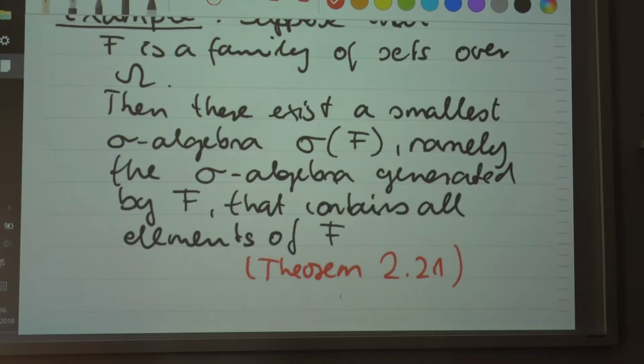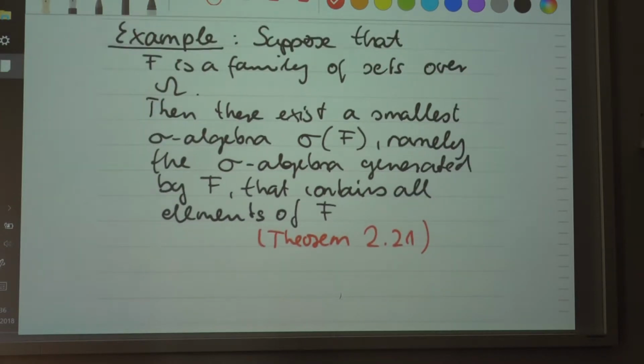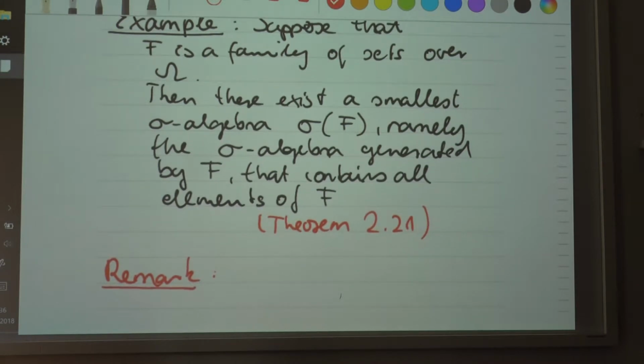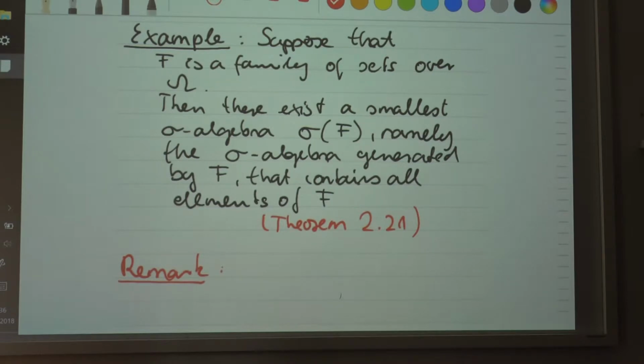So that can also be applied to open intervals. So this is what I do. I just want to recall that, and I will continue here. So this will be a remark. What I do is I put the set of open intervals on R into a set, and this will also be a family.